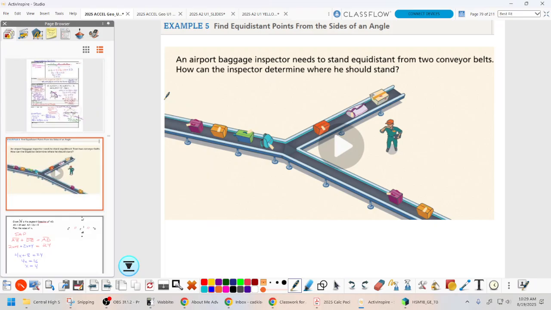So the question again was, this baggage inspector needs to stand equidistant from the two conveyor belts. So he wants to park himself in a way that he's the same distance from both of those. Is that the perpendicular bisector theorem at work there? Again, we're training our eyes to look for the pieces of the theorem that we need.